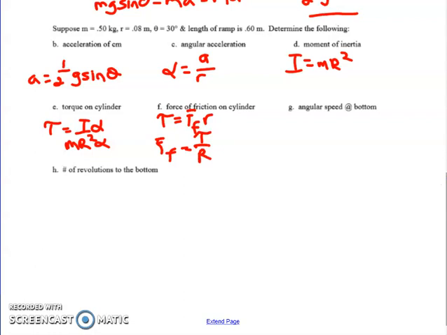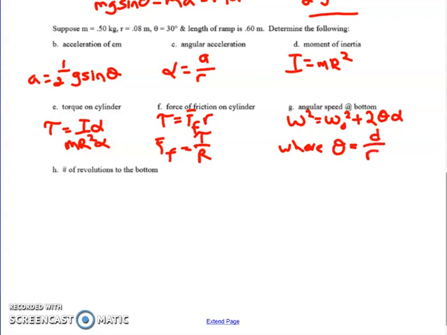Angular speed at the bottom, so that sounds like kinematics, so I'm going to use omega squared equals omega naught squared plus 2 theta alpha. Now we can determine theta, where theta is equal to the distance of the ramp divided by r.